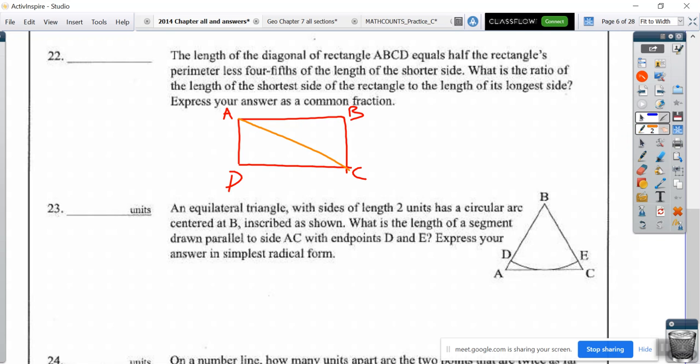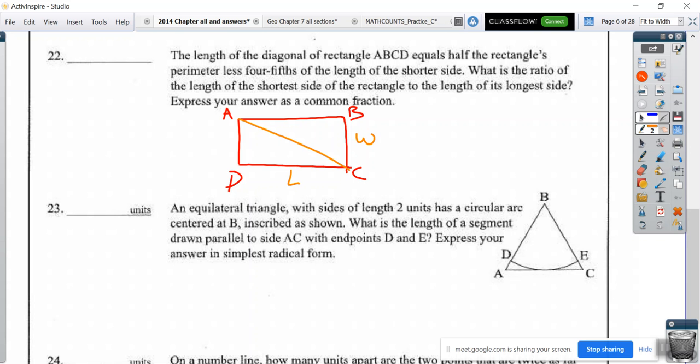All right, so now what should we do? We can probably just call the shorter side A, and then the longer side B. Just so we don't get confused with the vertices A and B, how about width and length? Yeah, okay, that makes it a little easier.